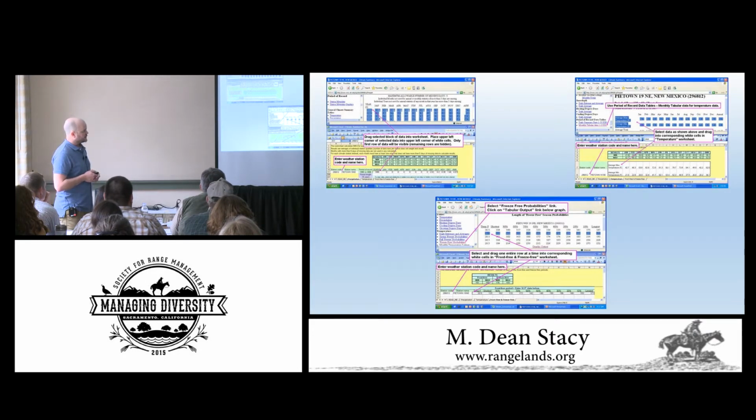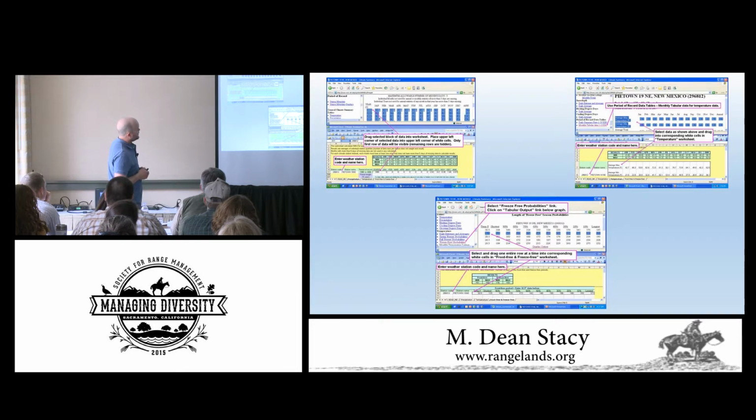This climate summarizer tool, I'm not going to go into great detail at all, because when you get this package, it has really good instructions for it. What he shows here is when you're in that Western Region Climate Center, you just copy that raw data. In this instance, it is moisture. This one is temperature.